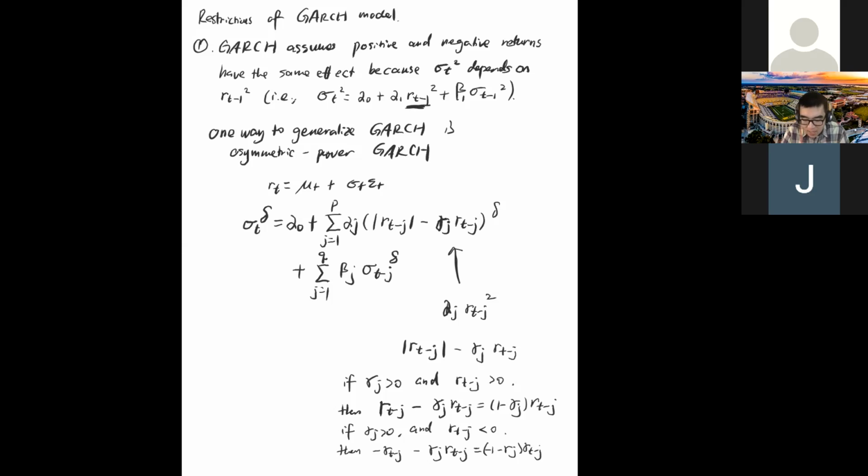However, if your first period return is negative, then what's the effect on your next period return? It's negative 1 minus gamma j. Let's pick gamma j equal to 0.2 again, then that effect is negative 1.2. So it's actually larger in magnitude than negative 1, but if it is positive, then it becomes smaller, just 0.8. Which perhaps makes sense.